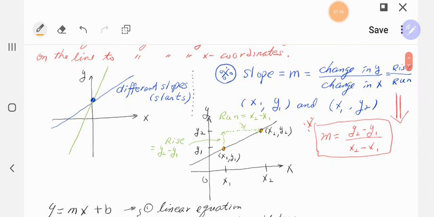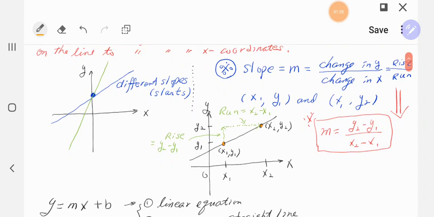So the slope is change in y over change in x. The change in y is called rise over run. Rise means the vertical distance between the two points. The y values are y1 and y2, so the difference is y2 minus y1.